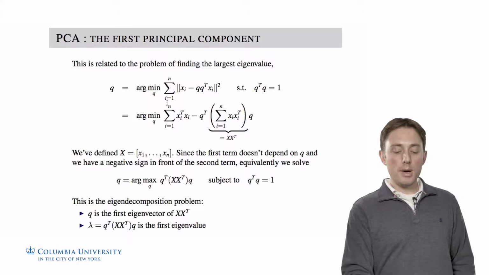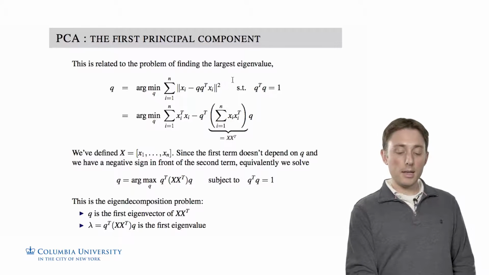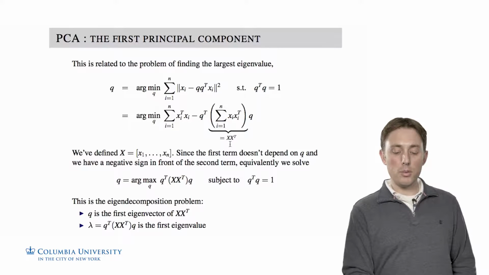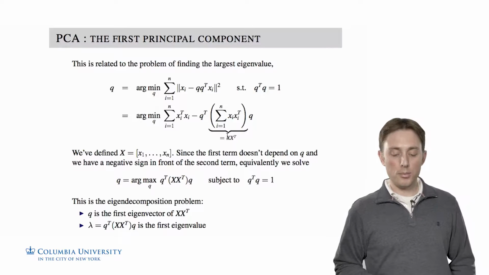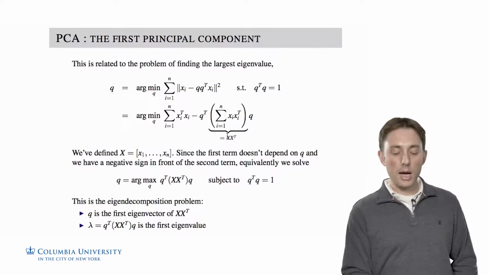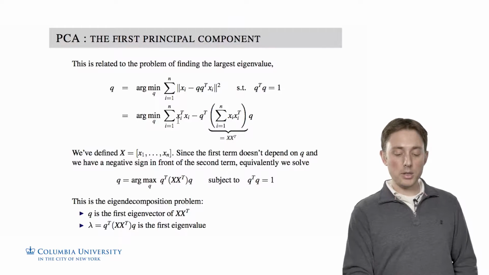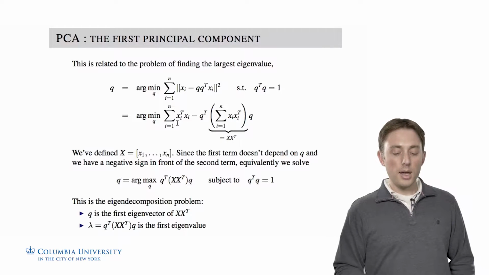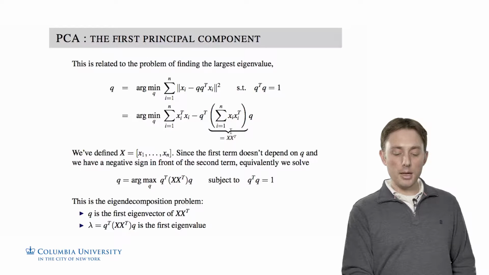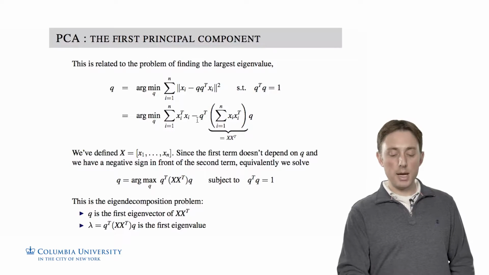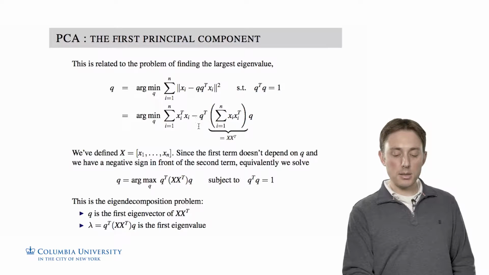So now we want to minimize this term, which is exactly the same as this term, but written in a different way, using matrix products. However, if you notice, this term doesn't include q at all, so we can simply throw it away. And if we want to minimize a negative term, we also want to maximize the negative of that term. So we want to maximize this term in q.